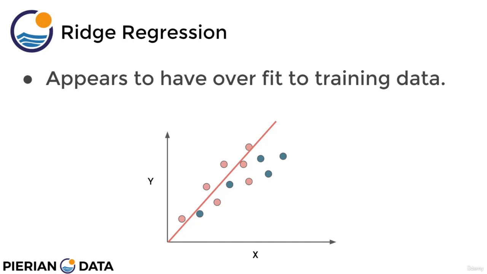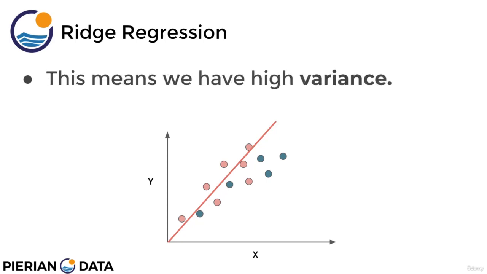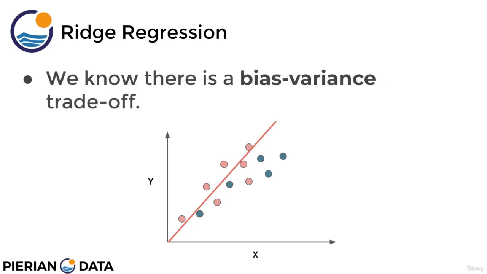This line looks a little too steep as the data starts to have lower y values even as x increases. So what does that actually mean when you overfit to the training data? It means you have high variance instead of a higher bias. So you're essentially fitting to a lot more noise in the training data than actually generalizing to the entire data set. We already know that there's a bias variance trade-off. Regardless of what models you're using, or even maybe what penalties you're using, you will have to trade off bias for variance.